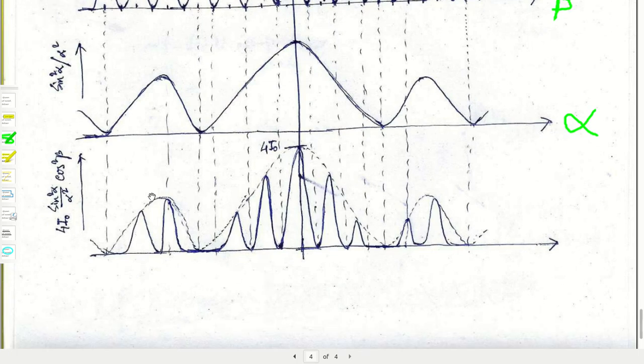So this is the resultant curve. The intensities are not evenly distributed, it is periodic, and at 0 angle the intensity is maximum, and then all the intensities are minimum.